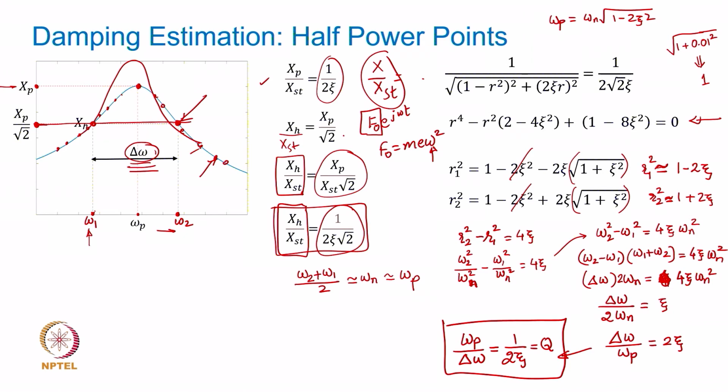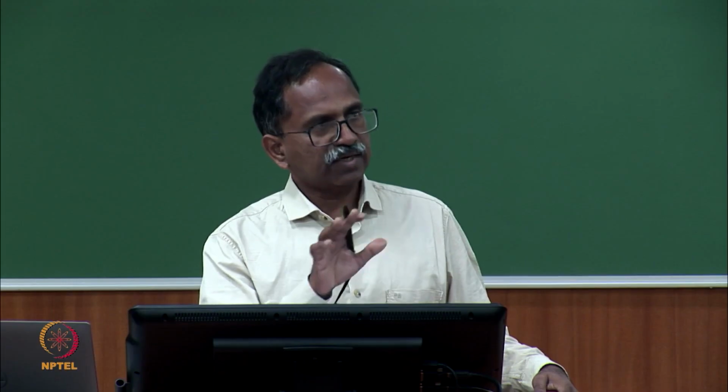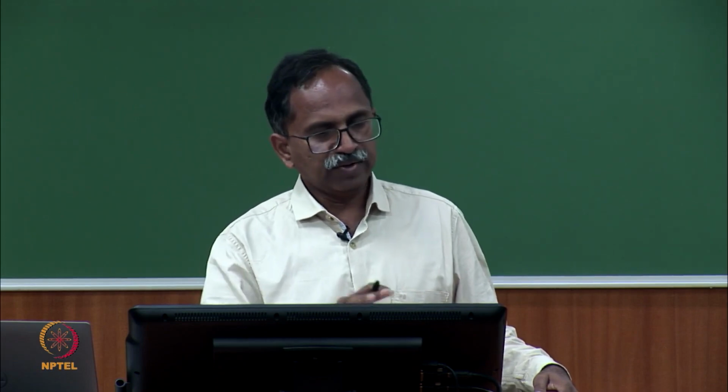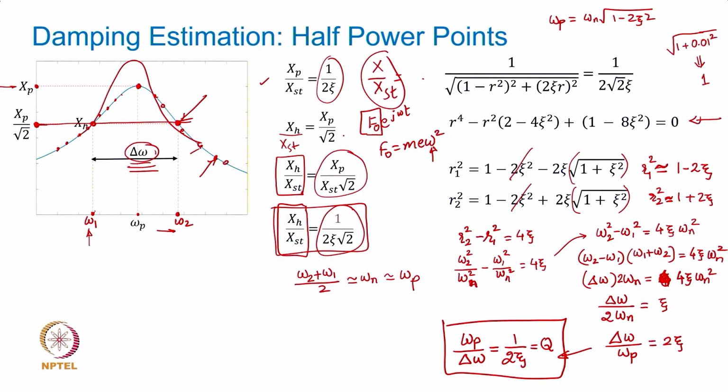it is left to you as an exercise to show that even with that expression, which we are going to deal with shortly, in the forced vibration case using unbalanced excitation also, this expression is still valid. That means, even if the excitation is through harmonic unbalanced excitation, this expression of getting a damping estimate from half power point frequency bandwidth is also valid.